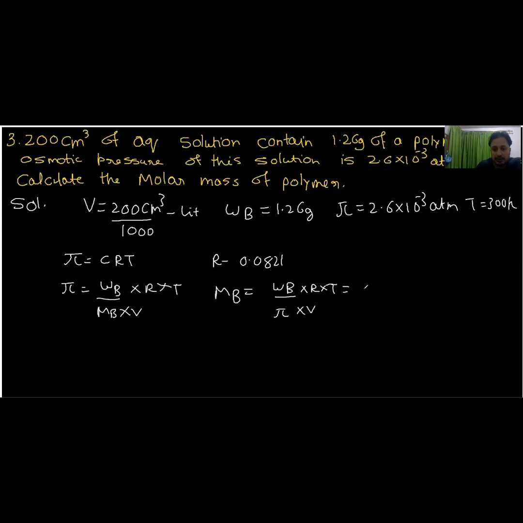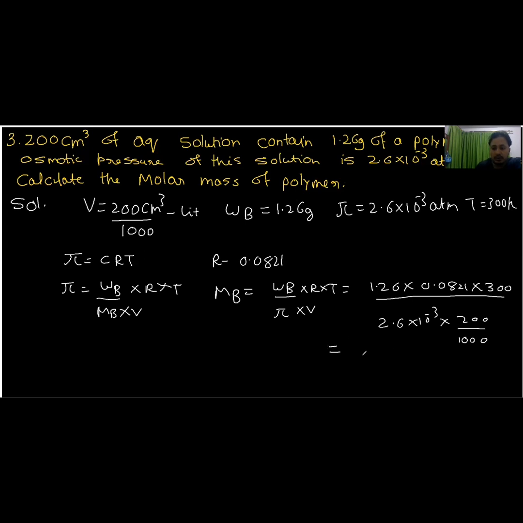Now we'll put all the values here. WB is already given, 1.26. The R value is 0.0821, and the temperature is 300 Kelvin. The value of pi is also given, that is 2.6 into 10 raised to power minus 3, and the volume is given as 200 centimeter cube, but it is required to be converted into liter, so it should be divided by 1000.